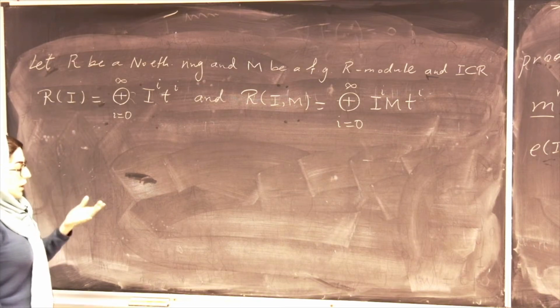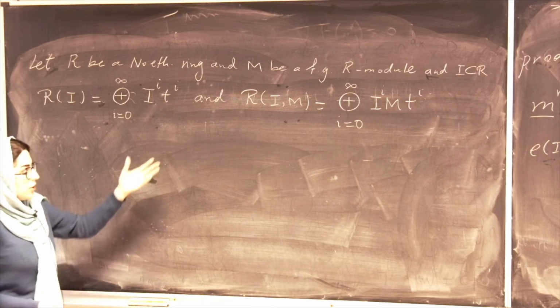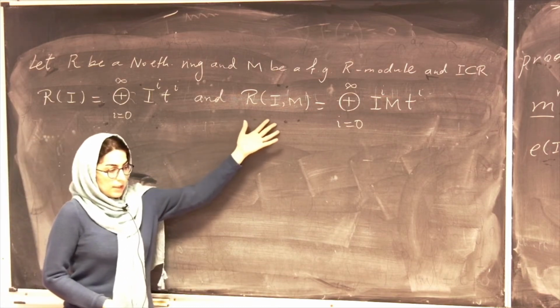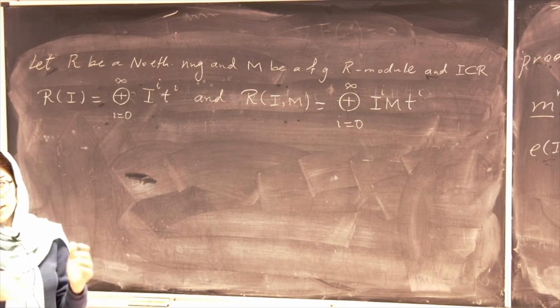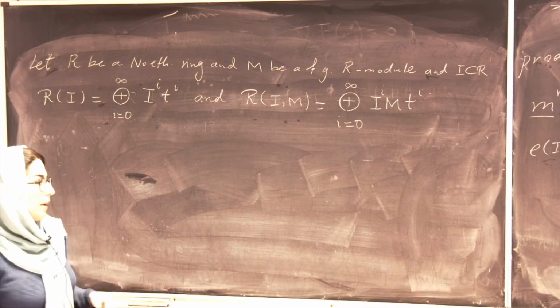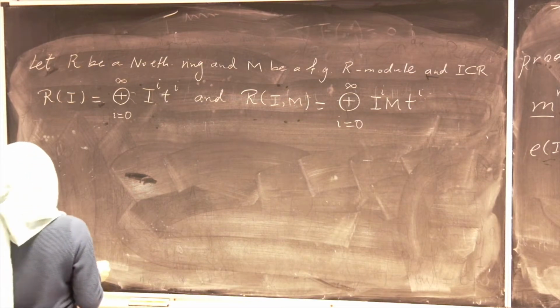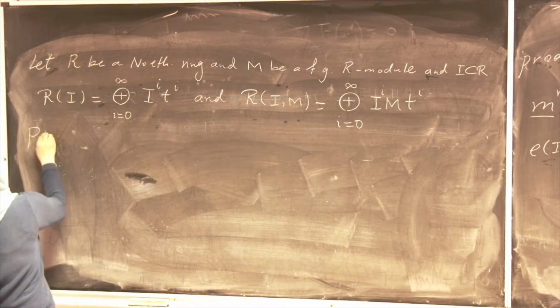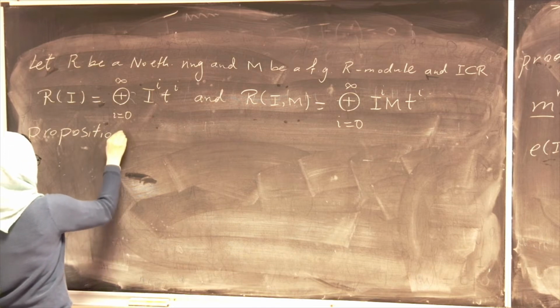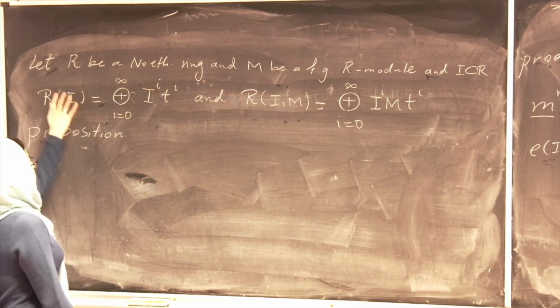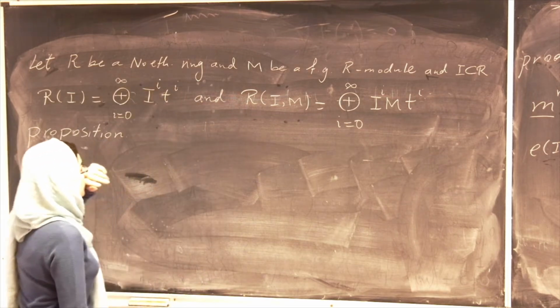So we want to find a condition on this module equivalent to saying that an ideal J is a reduction ideal of I. This is the statement of our next proposition. So my assumption is like this.